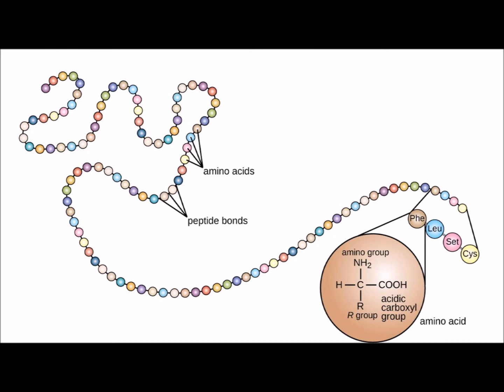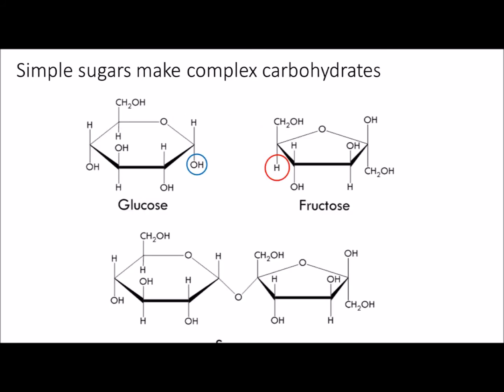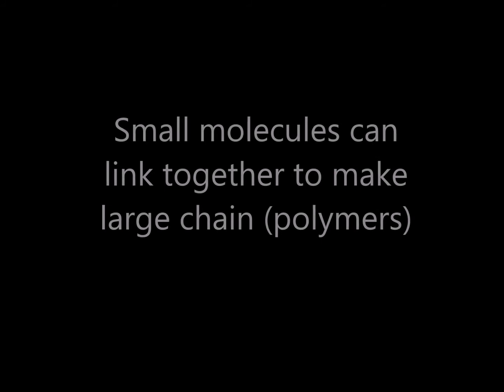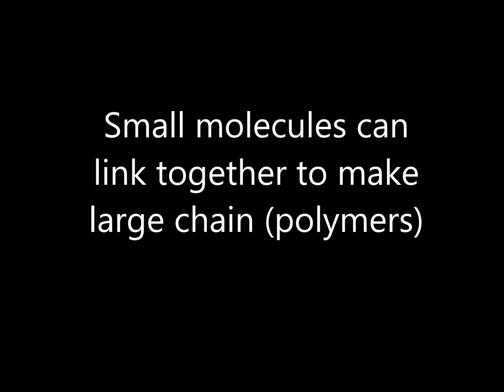In the same way, fatty acids and glycerol can link together to form larger molecules that we call lipids. And again, in the same way, small sugar molecules like glucose and fructose can link together to form larger sugar molecules. It's all the same pattern. Now proteins are made from amino acids and sugars linked together to form carbohydrates.